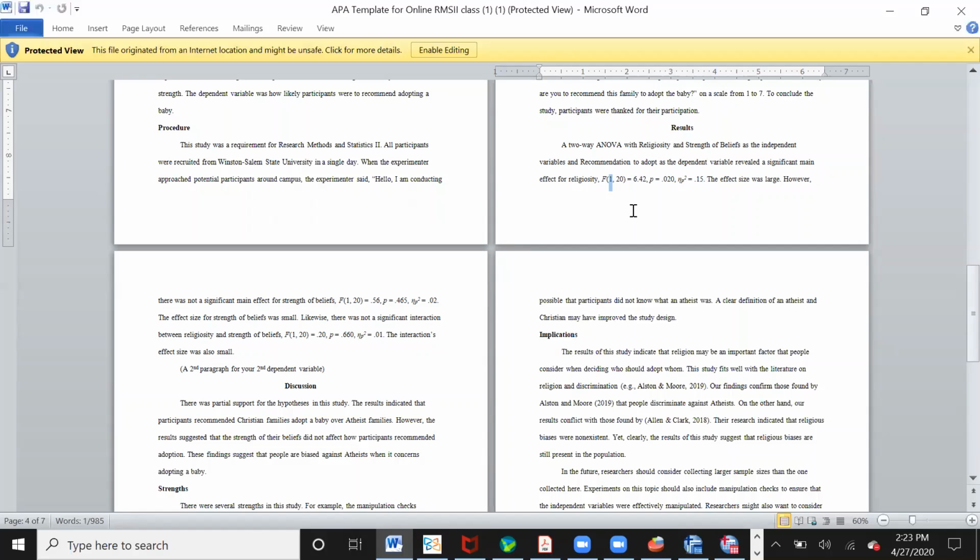So what were your degrees of freedom for your first main effect, which was socioeconomic status? Hold on 1 second.